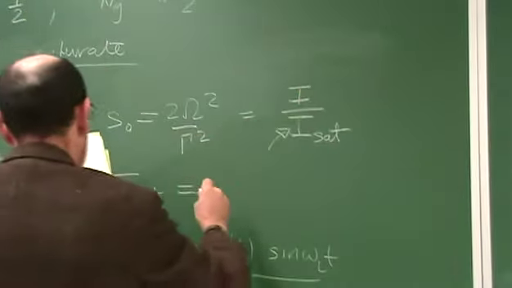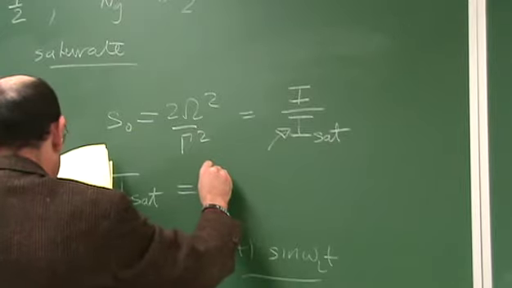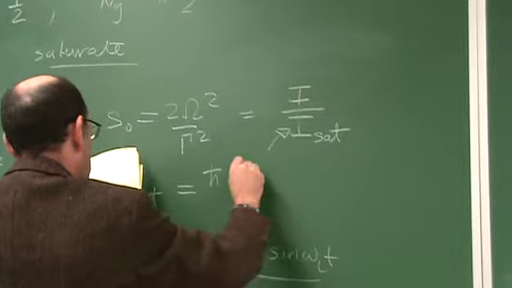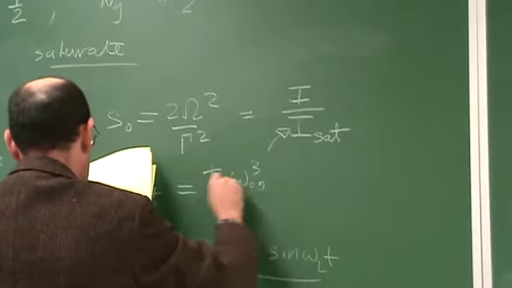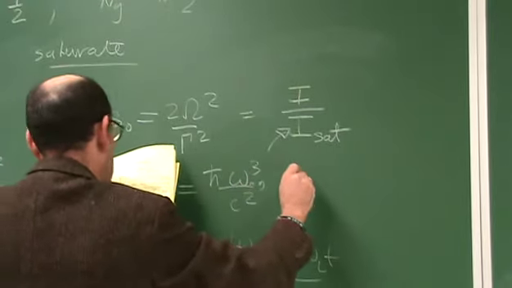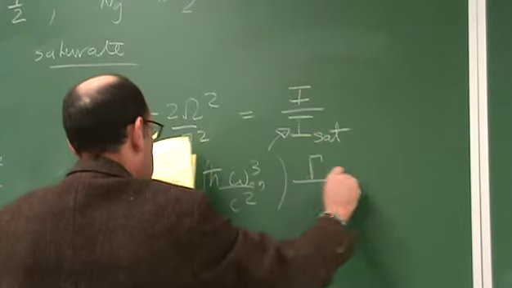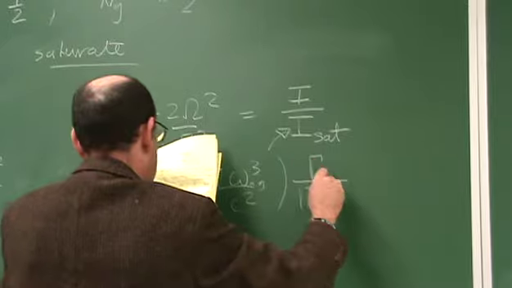It's equal to h bar omega cubed over c squared times gamma over 12 pi.